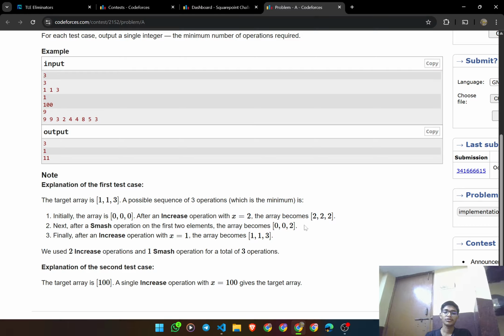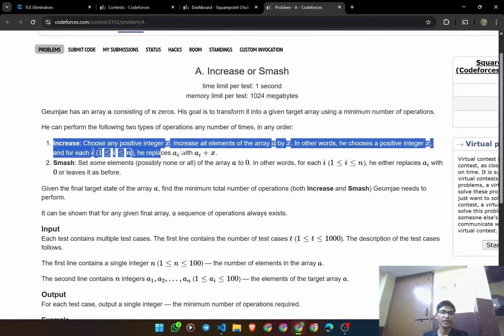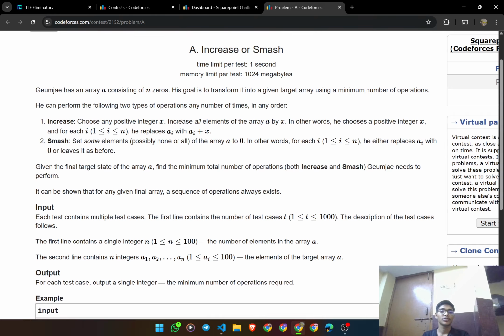After that we will add 1 1 to all of them. When we are increasing, we can choose any a of I and increase it by x. For one iteration, the x remains the same for all the numbers which we have to increase.